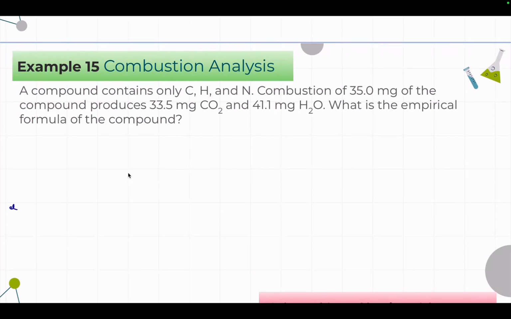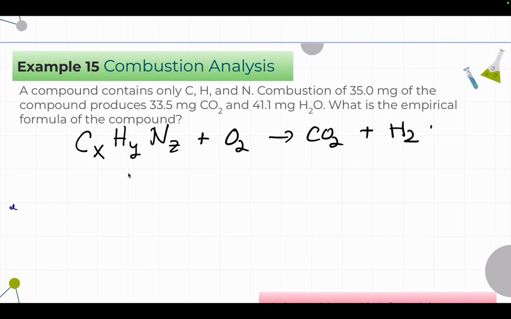Here we have a compound, carbon, question mark, hydrogen, question mark, and nitrogen. They're telling us that it's a combustion. You don't have to write out the reaction, but sometimes it's helpful to visualize. We have a 35.0 milligram sample of the compound, and we're getting 33.5 milligrams of carbon dioxide and 41.1 milligrams of water.